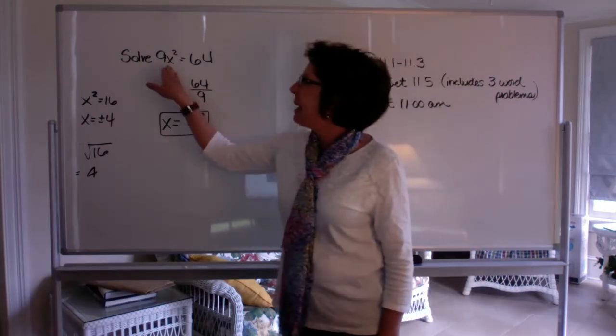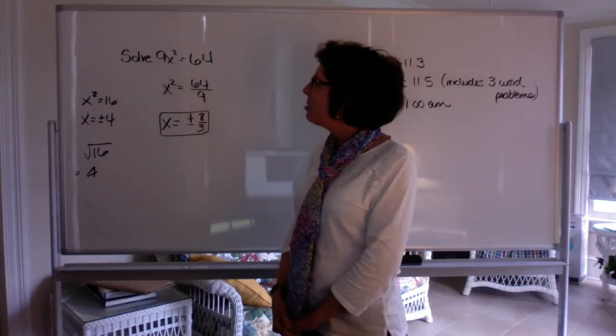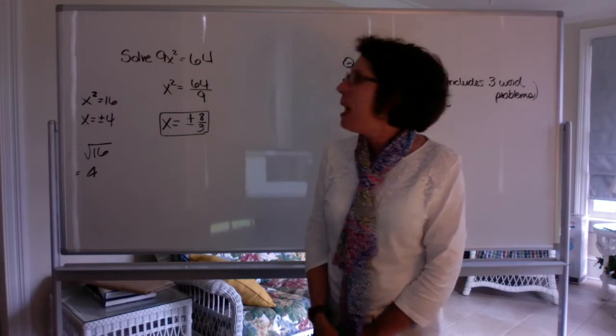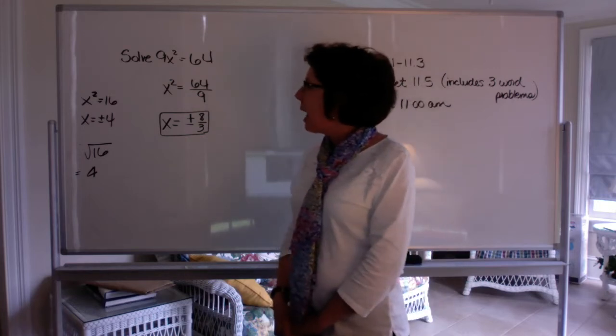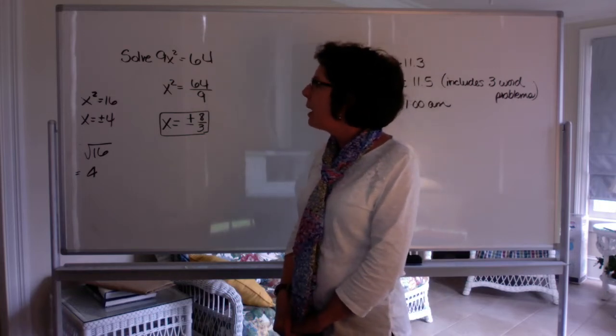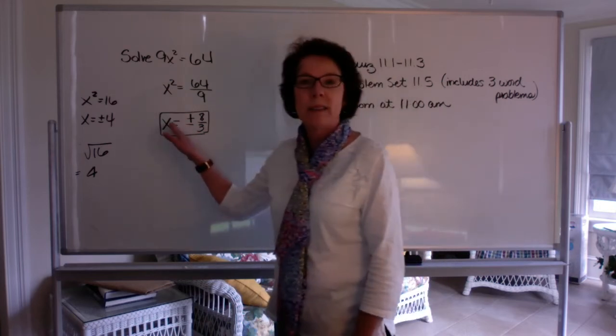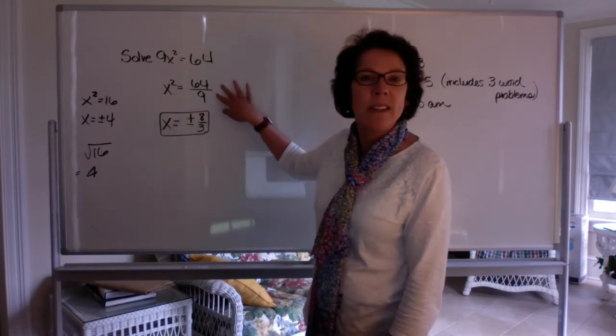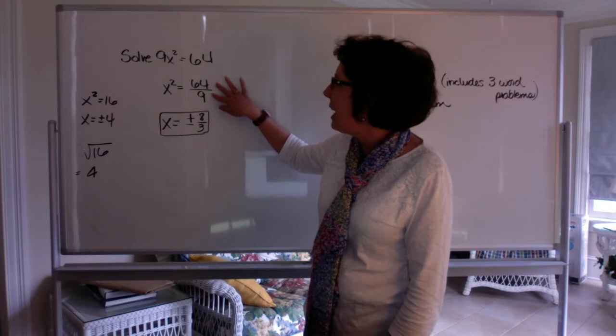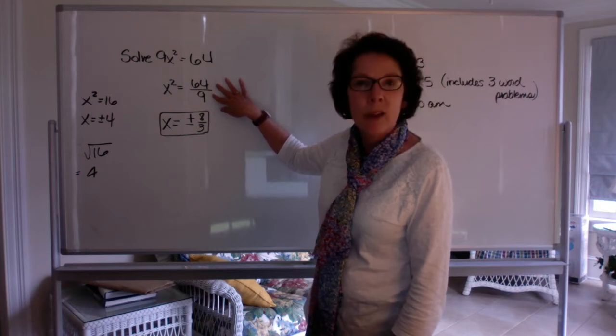So I'm going to isolate by dividing both sides by 9, and x squared equals 64 ninths. Now, if x squared equals 64 ninths, we're going to take the square root of both sides. And the square root of x squared is x. And the square root of this side is 8/3, isn't it? Okay?